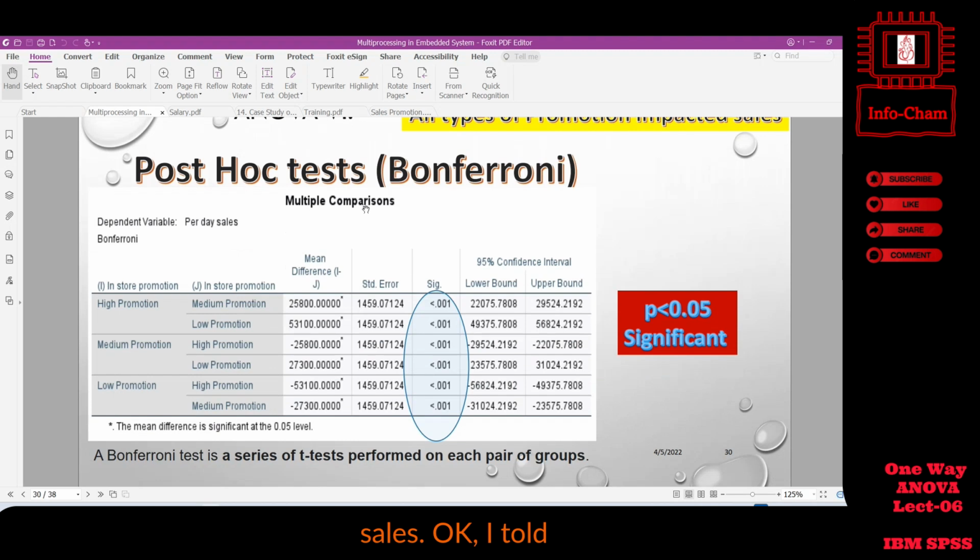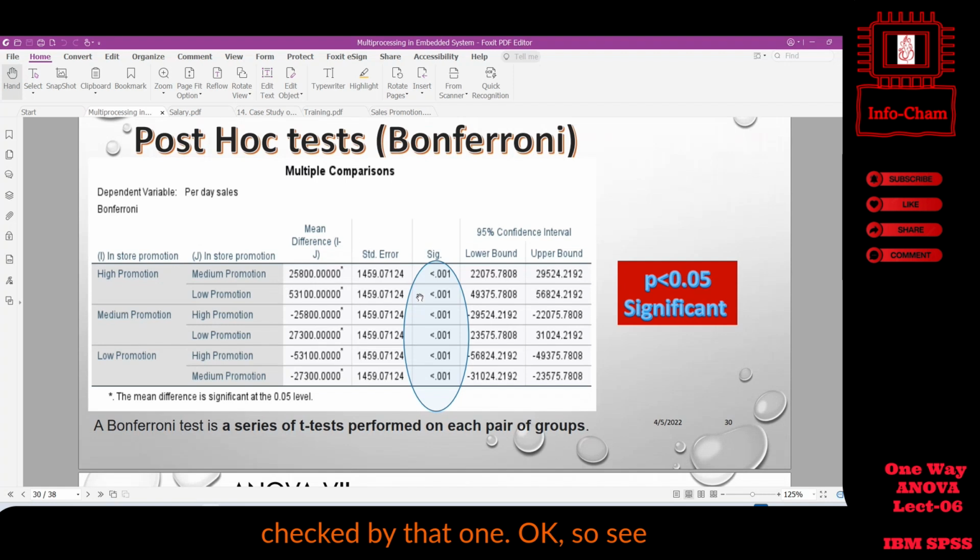Okay, I told you about the post hoc test. The post hoc test will do it. So which test did we apply? Bonferroni, right? Post hoc means after the analysis. After ANOVA, whatever the result, it will be checked by that one. Okay, so see, the significant value is okay in all cases. Yes, it means all the promotions are good.